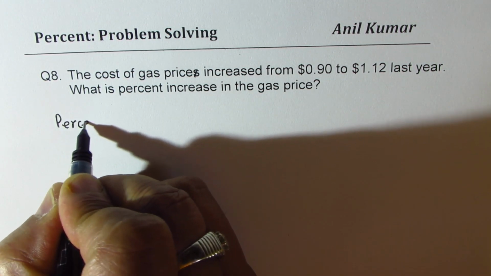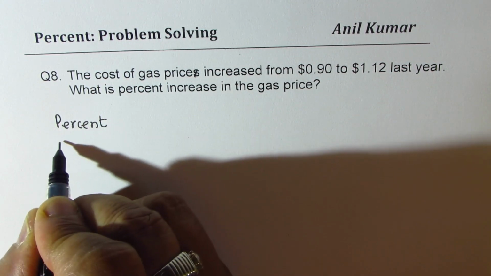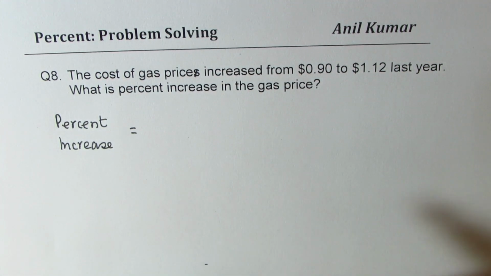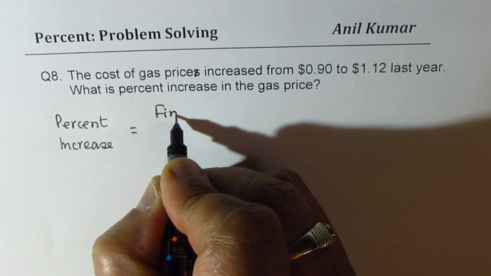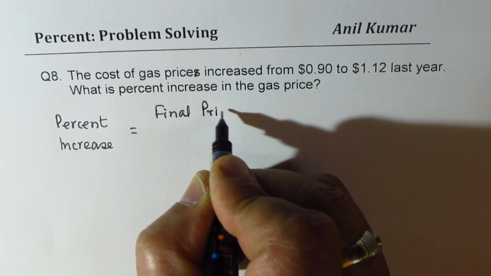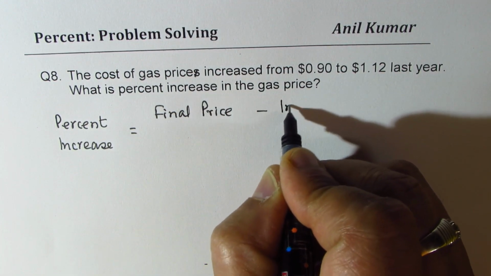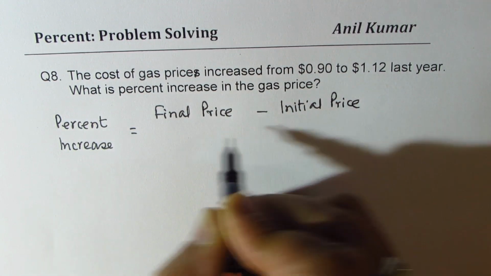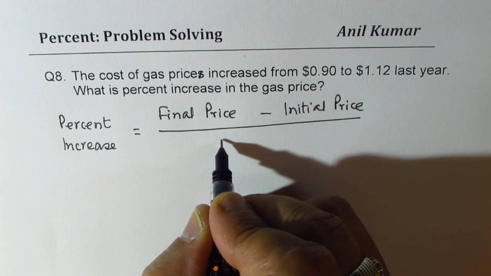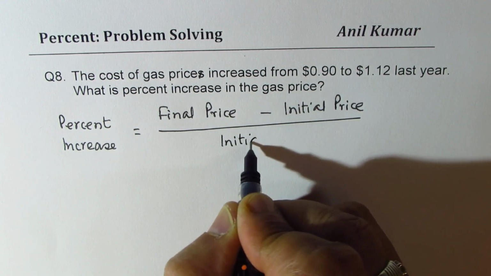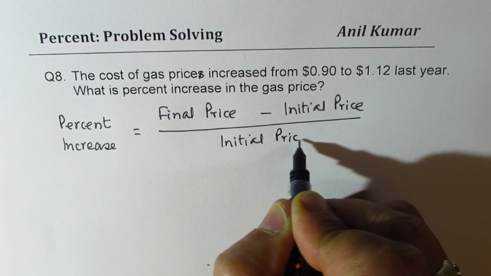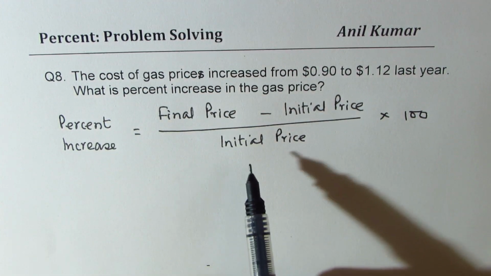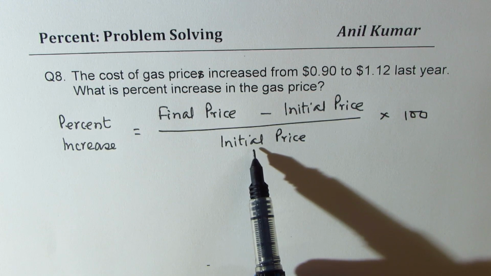It says percent increase is equal to final price minus initial price, divided by initial price, times 100. Okay, so remember, from where you start, that comes in the denominator.